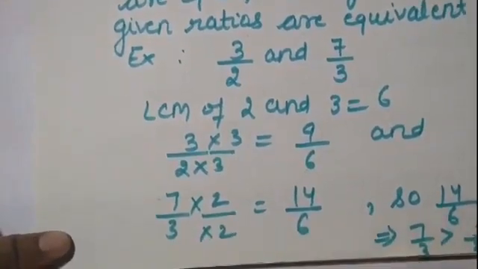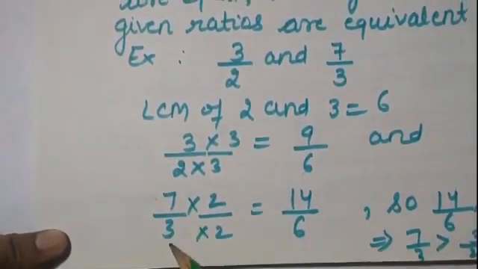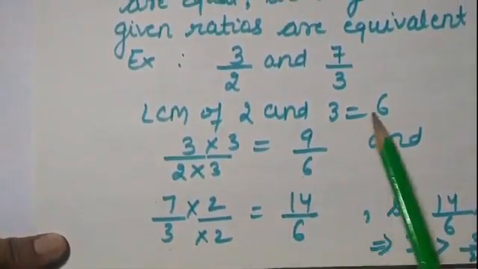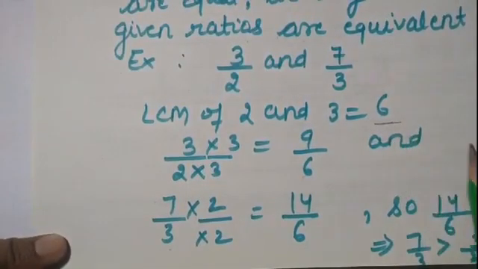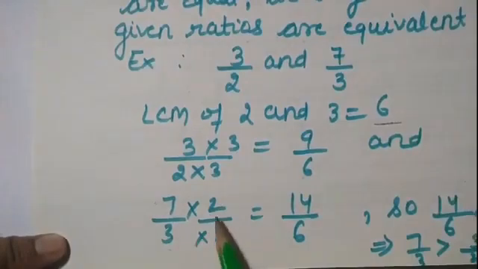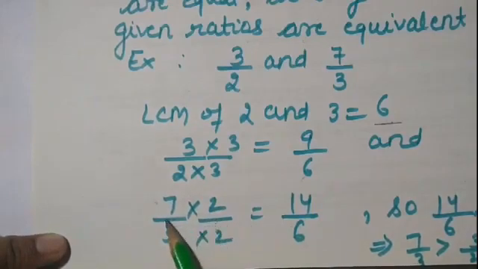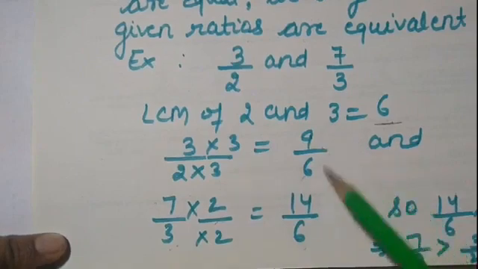Same for the second fraction. We have 7/3. I have to make its denominator equal to the LCM, so think of a number which, multiplied with numerator and denominator, gives the denominator 6. That number is 2. I multiply numerator and denominator by 2 to get 14/6. Now I have to compare these two quantities.